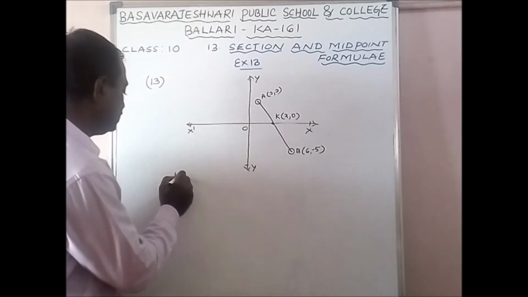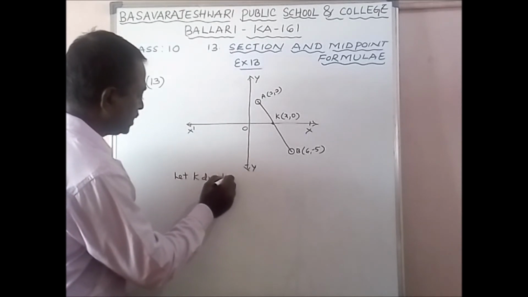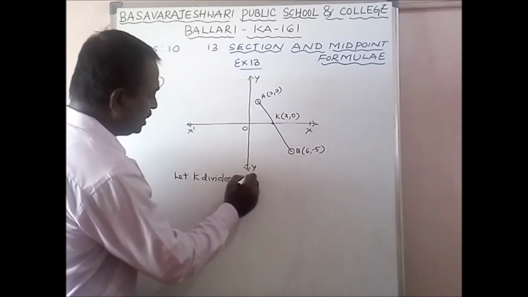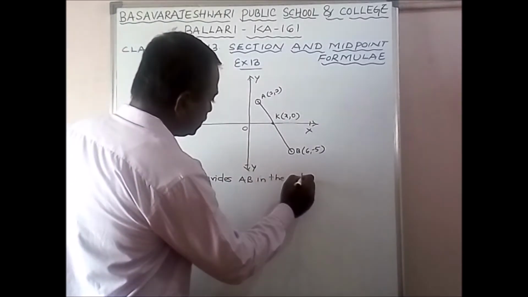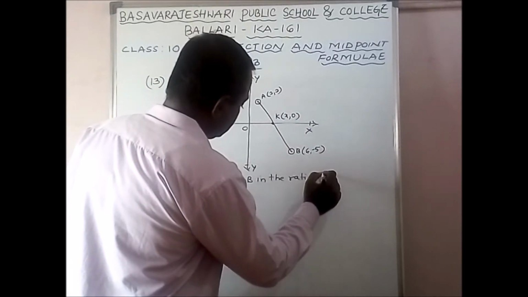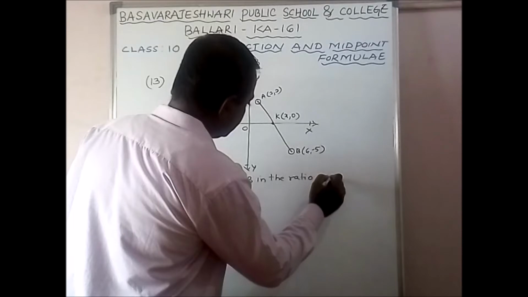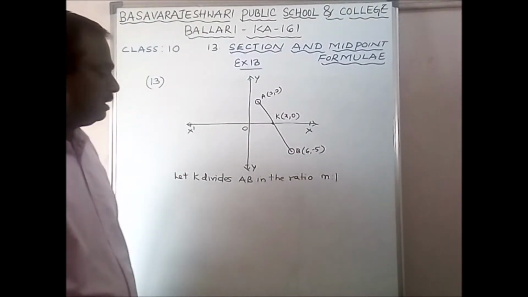Let K divide AB in the ratio m is to 1. I will give a different name because k is already used.